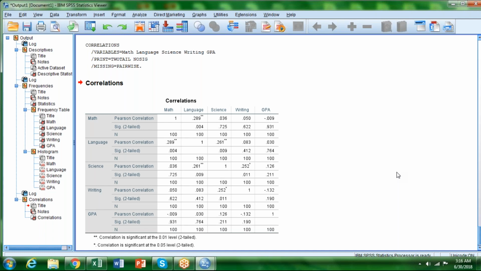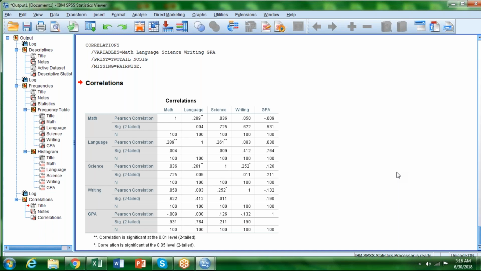If you were to look at the correlation table, either the upper triangle or the lower triangle, you would find that those are the same. Math correlates with language at 0.289, and language correlates with math at 0.289. So you can see you get the two variables correlating the same on both sides of the table.